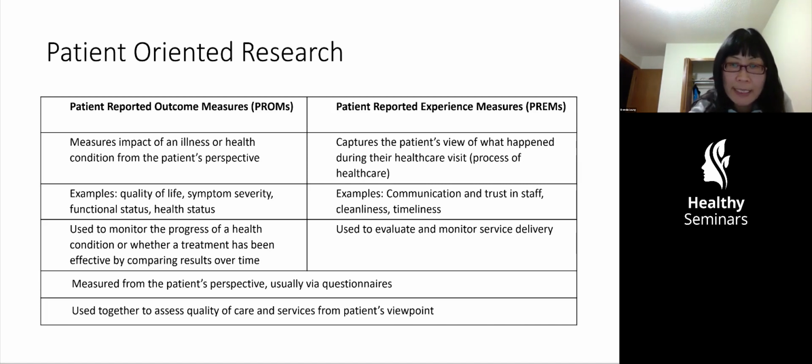If you have a busy clinic that has long waiting times, this may be important for patients, and it might be important to help improve service delivery. And so it's one measure that may be collected.